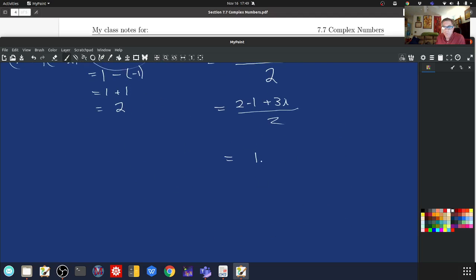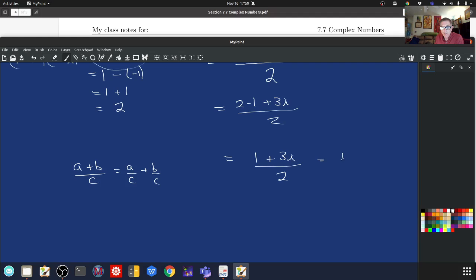So that's 1 plus 3i over 2. Now, my math lab may actually want you to write this in the form a plus bi. So that's equal to, remember, (a plus b) divided by c is equal to a over c plus b over c.